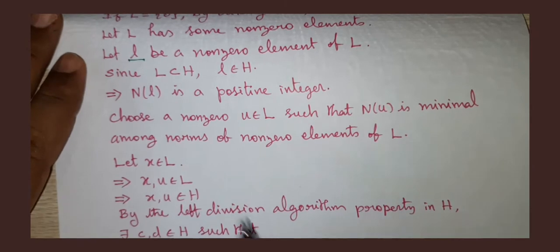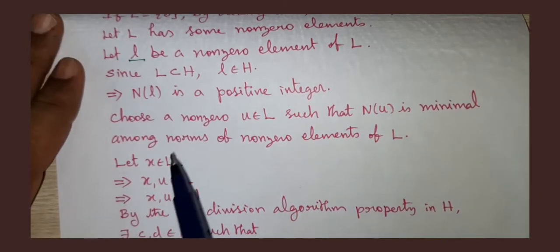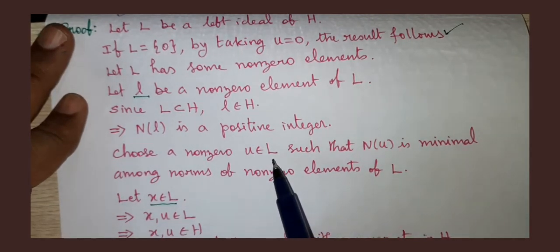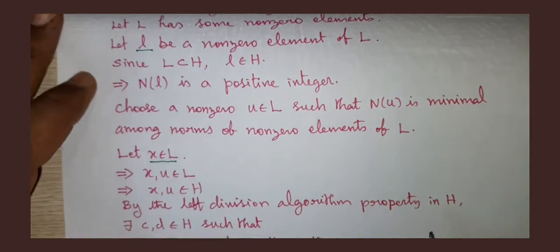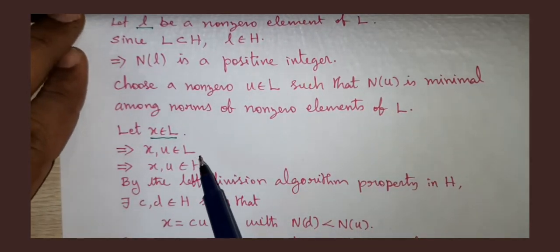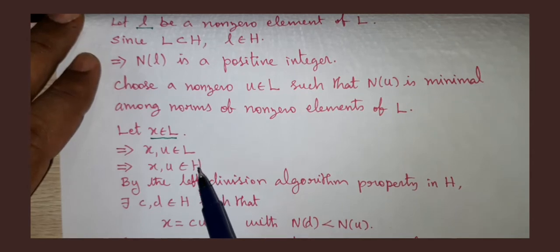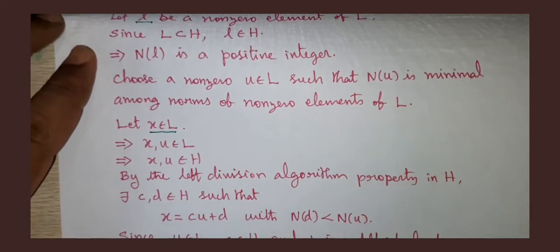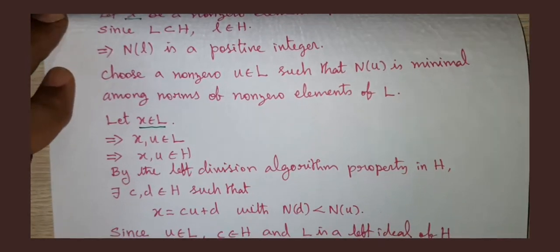Okay. Now let us take an element X belongs to L. Already U is in L. We have chosen U in L. Therefore, both X, U are in L. Because L is a left ideal of H, L is a subset of H. Therefore, every element of L is an element of H, which implies X, U belongs to H. Now, we are going to make use of the left division algorithm of Hurwitz ring.